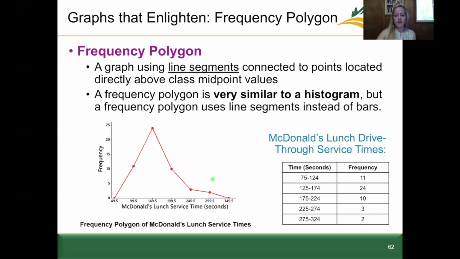To get this class midpoint of 49.5, we would take this lower class limit, subtract the class width, and again, go back to our section on histograms to remind yourself of the class width. Here the class width was 50, so we take 75 minus 50, which is equal to 25. Although we don't have any data in that class, we can make a theoretical class to figure out this class midpoint.